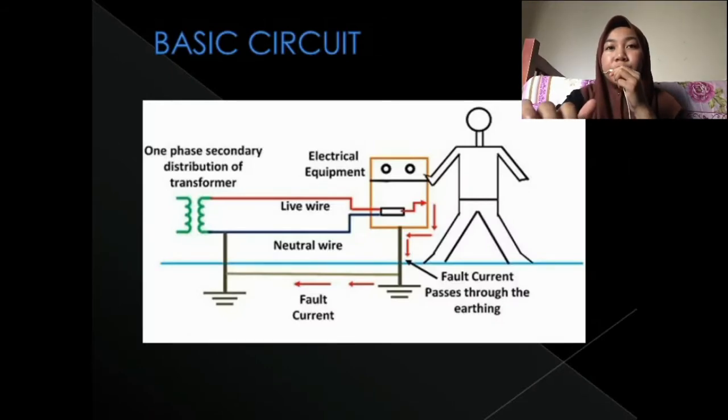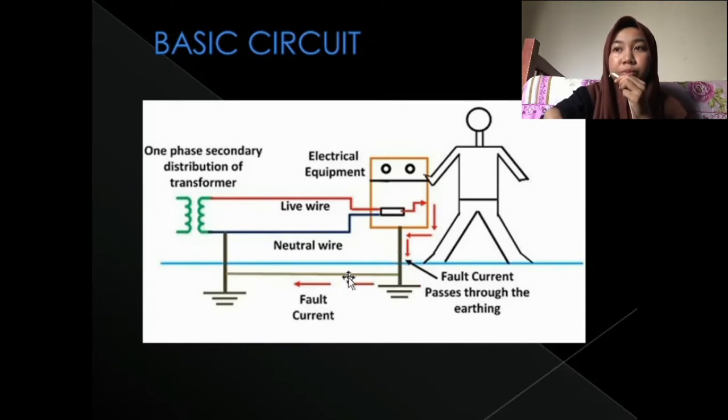Okay, next for the basic circuit of the earthing system. And for the diagram, when the fault occurs, the fault current from the equipment flows through the earthing system to the earth and automatically protects the equipment from fault current to prevent an electric shock to whoever touches it.